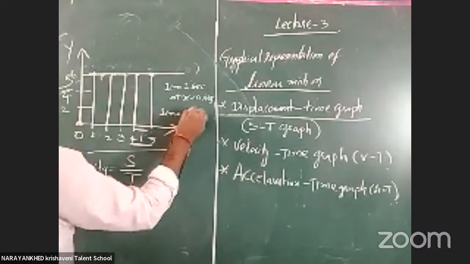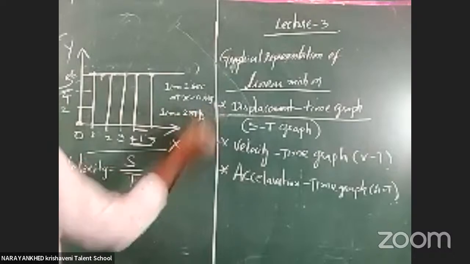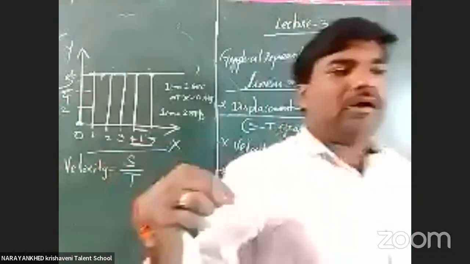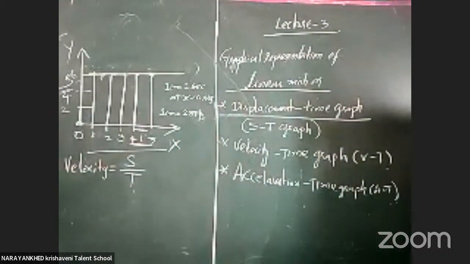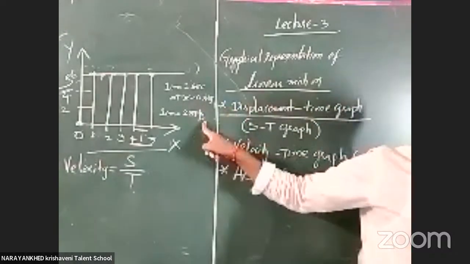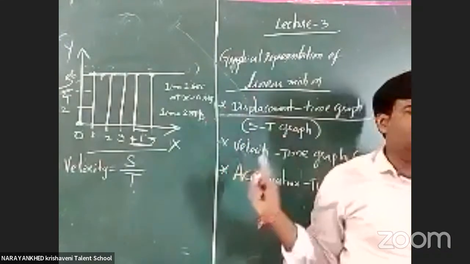Clear or not? I take 1 centimeter is equal to 2 meters. Like that, you should mention the scale of that particular graph. Got it or not? This is the first fundamental for drawing the graph.